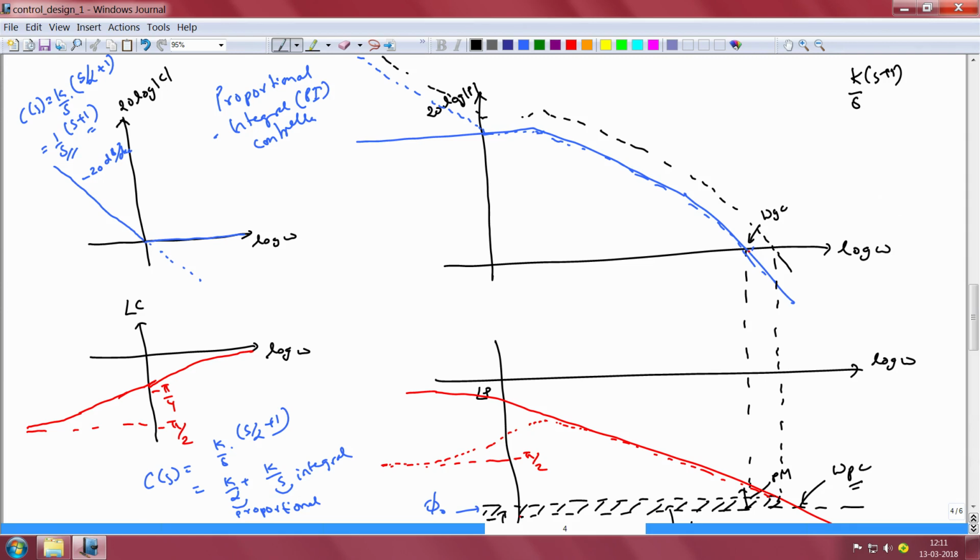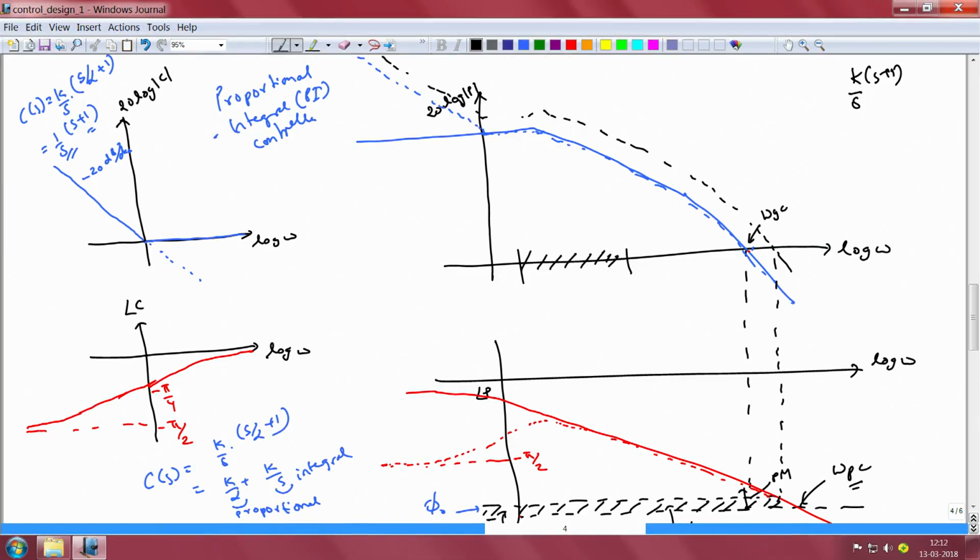But suppose our requirements for either rejecting a disturbance or tracking a reference demand slightly higher gain, especially in the mid frequency range. That is the frequency range where we begin to see the plant's dynamics, but the plant's Bode plot has not yet crossed over. In this Bode plot I have marked this mid frequency range.